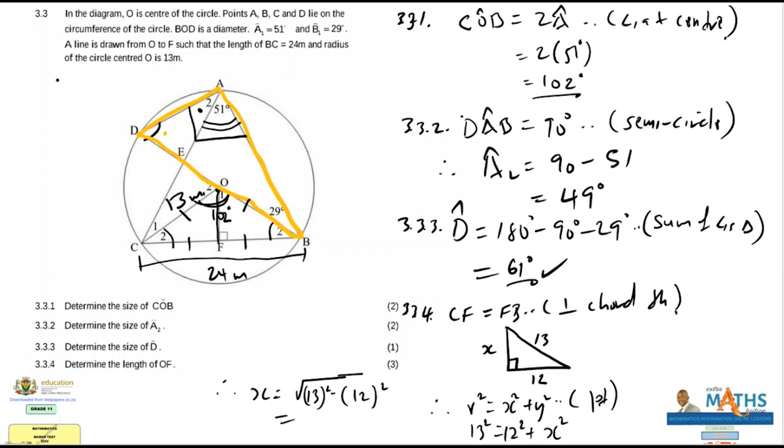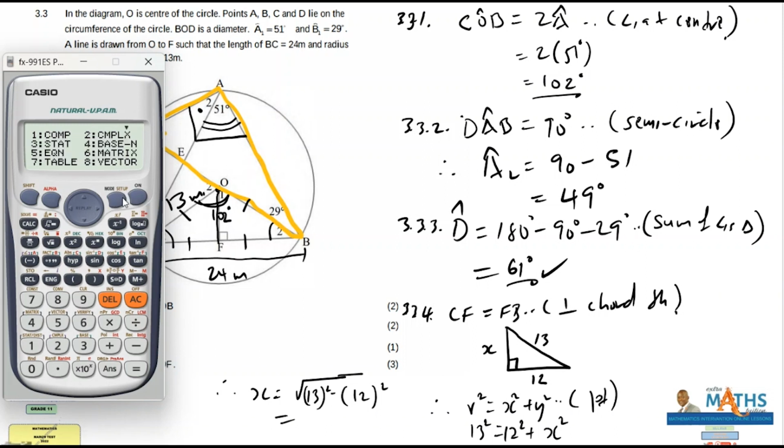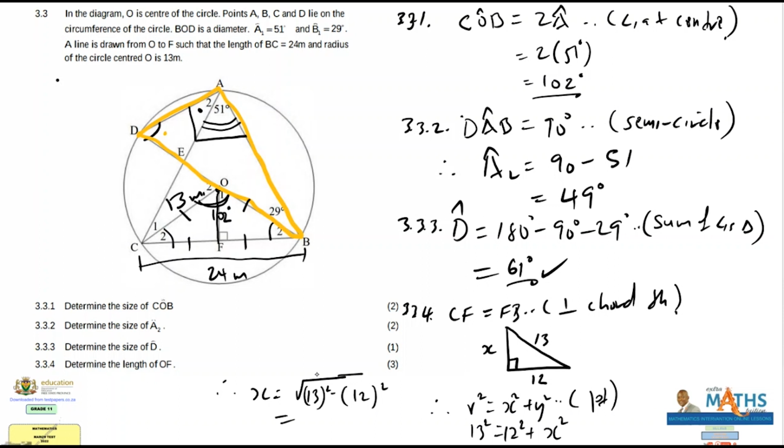Go to your calculator. Your x will be 13 squared minus 12 squared, which is equal to 5. Therefore OF is equal to 5 meters.